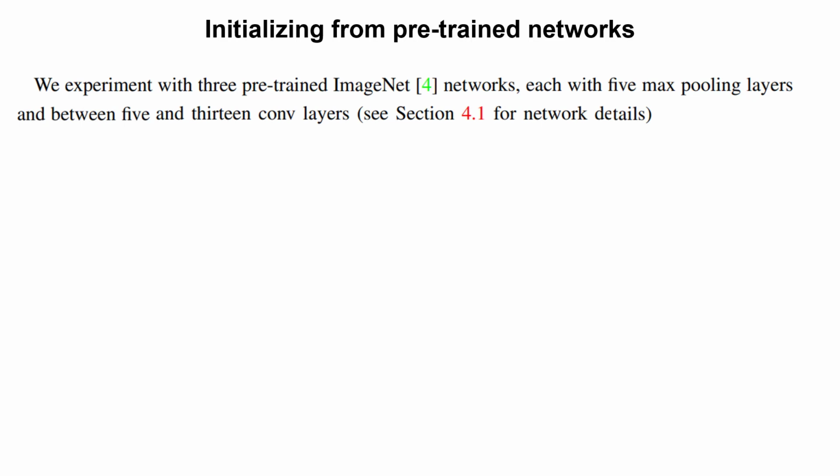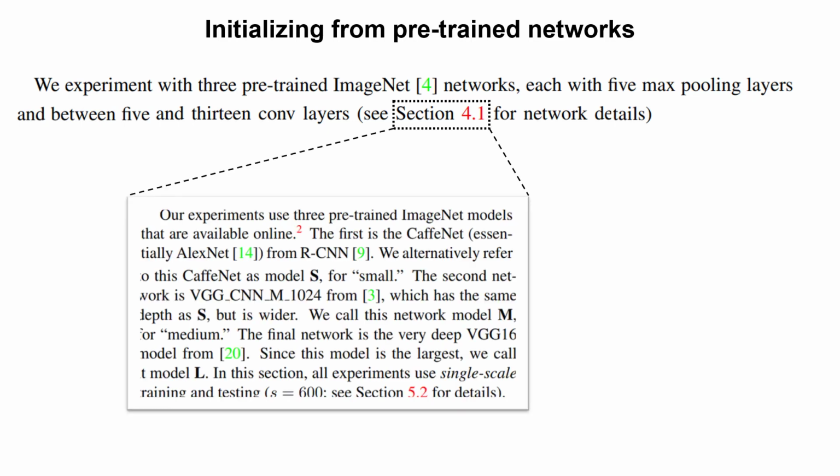If we take a look at section 4.1, we can see that they have used 3 models during their experiment: AlexNet, VGG-CNN-M-1024, which is the same as AlexNet but wider, and VGG-16. Now let's put these aside and explain them in more detail.